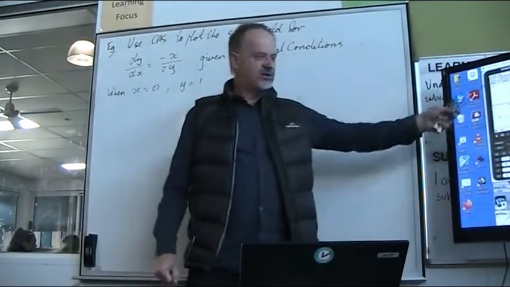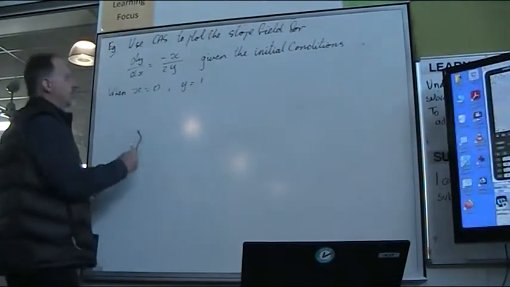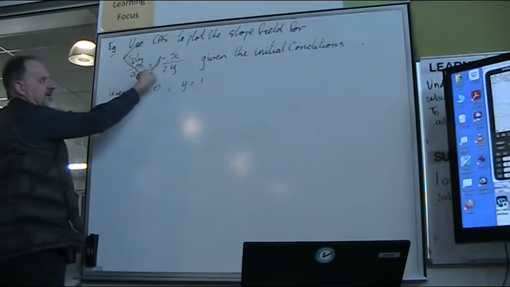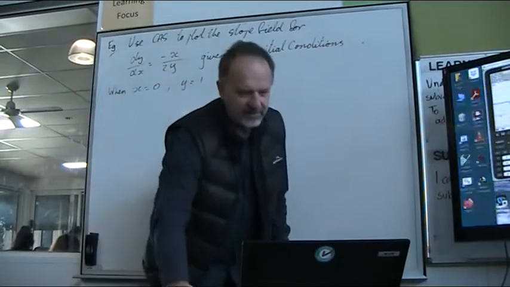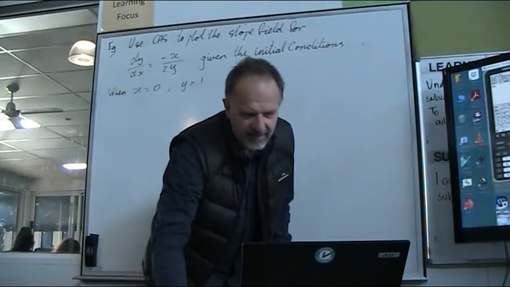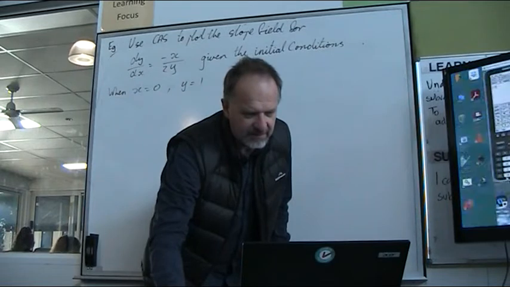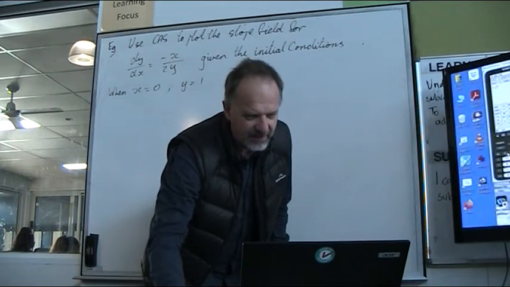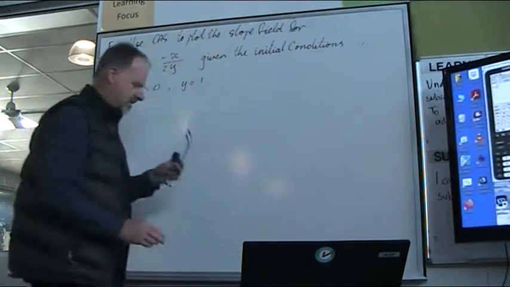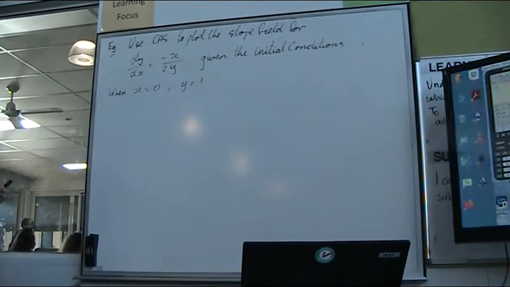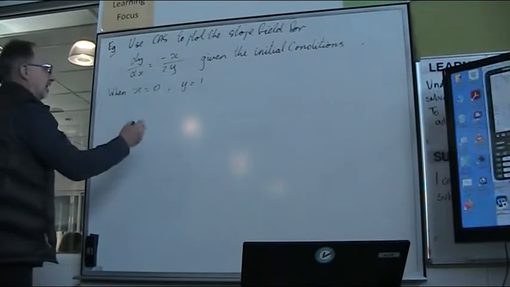Then on the differential equation tab you enter the differential equation, that's this one here, so negative x on 2y. Use the template in the keyboard for that. Alright, so negative x over 2y gets entered in there.